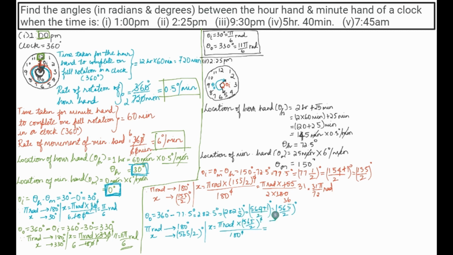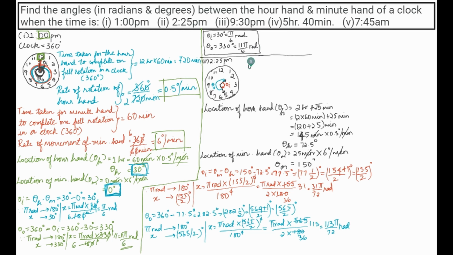So we get pi radians into 565 divided by 2 into 180. So 5 into 36 is 180. 5 into 113 is 565. So we get 113 pi by 72 radians.